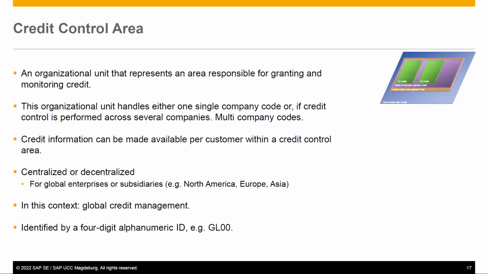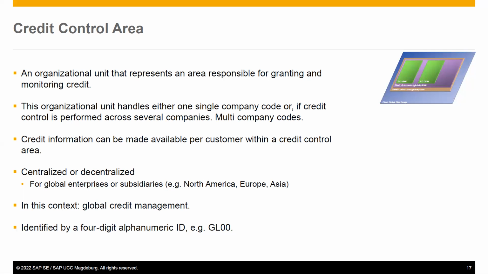Similarly, the company has a credit control area. This Global Bike Holding or Global Bike Incorporation has a credit control area that monitors all companies' customers for their credit limits. For example, if you have given a credit limit to a customer of 100,000, then this department will make sure that every company can see that.